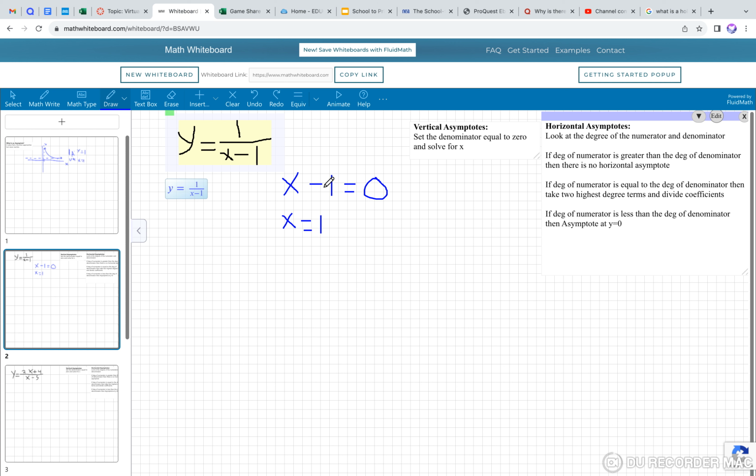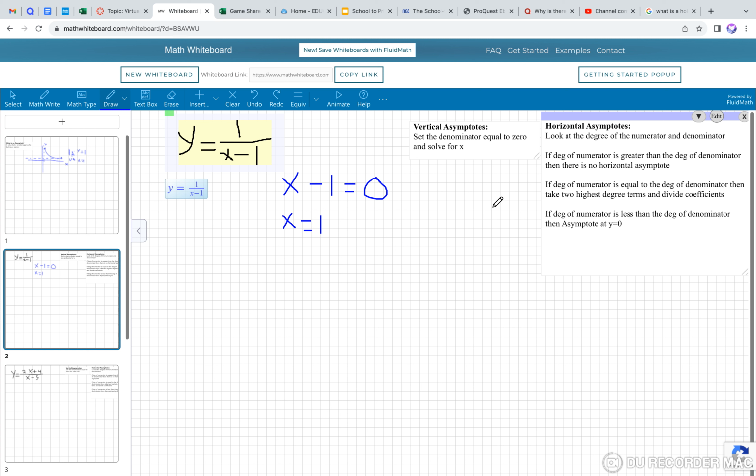So I set the denominator equal to 0, x minus 1 equals 0, and then you solve for x. You just add 1 to both sides, x equals 1. So there should be a vertical asymptote at x equals 1. Boom, done.